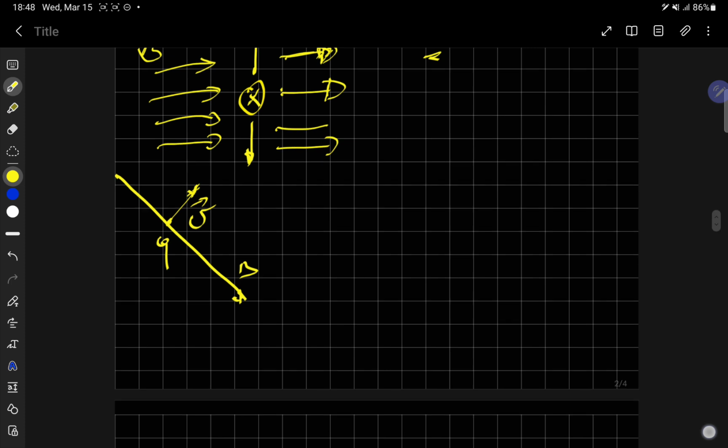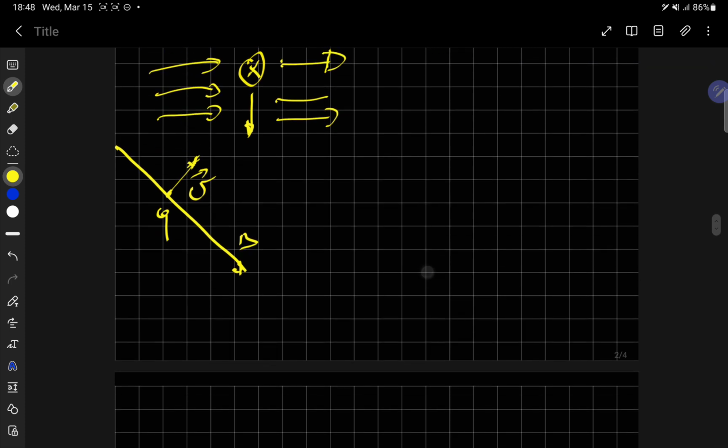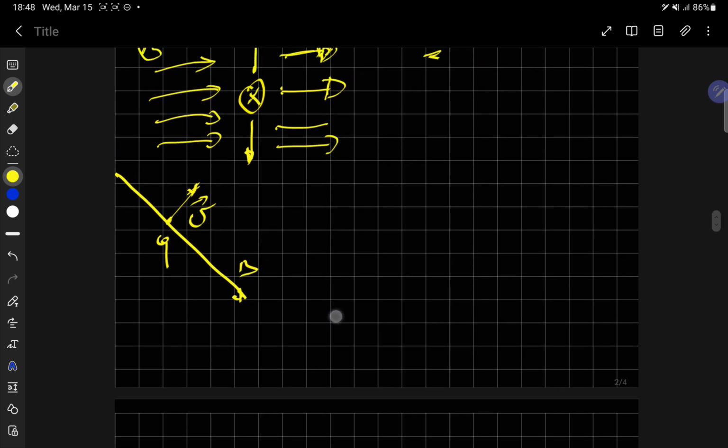Scientists observed that the force on this charge is perpendicular to the velocity.